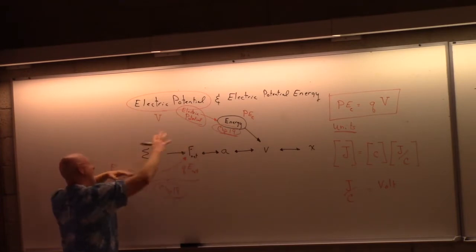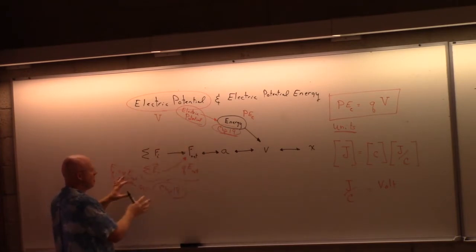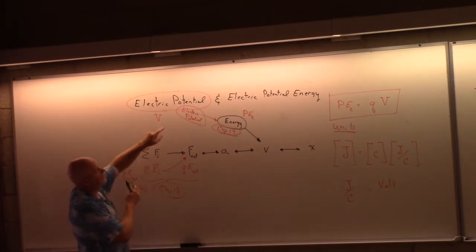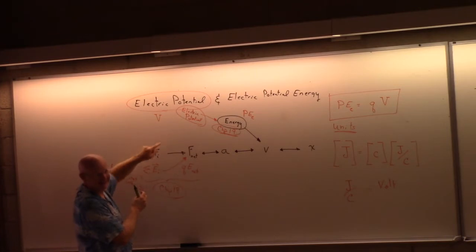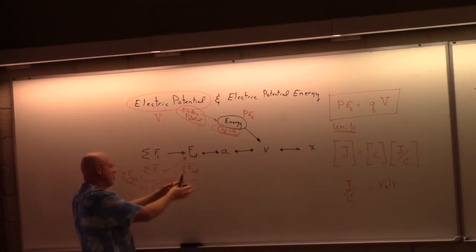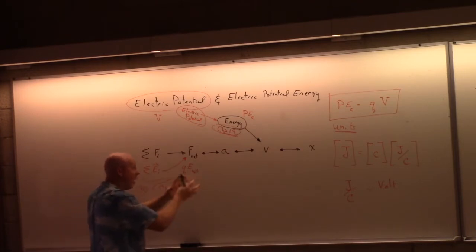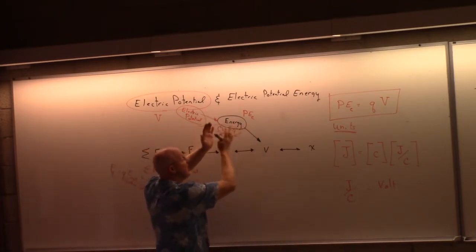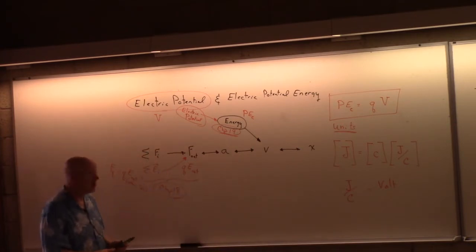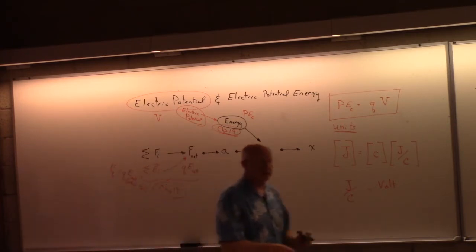One step back is dividing by Q. So if you integrate the electric field, you would get the electric potential. Because force divided by Q is the electric field, and also electrical potential energy divided by Q is electric potential. Okay? And so that's how the two are connected together.